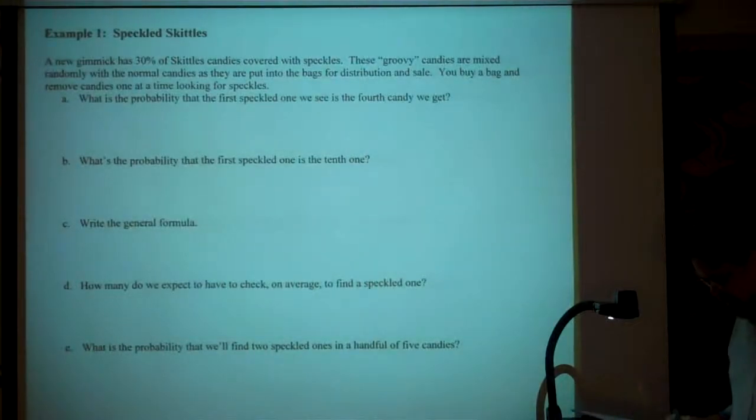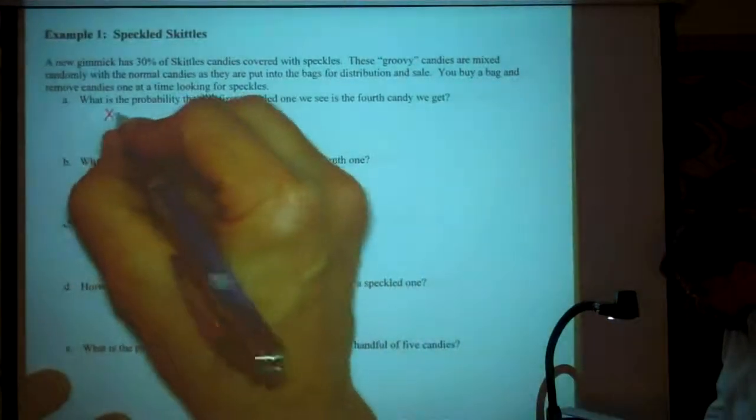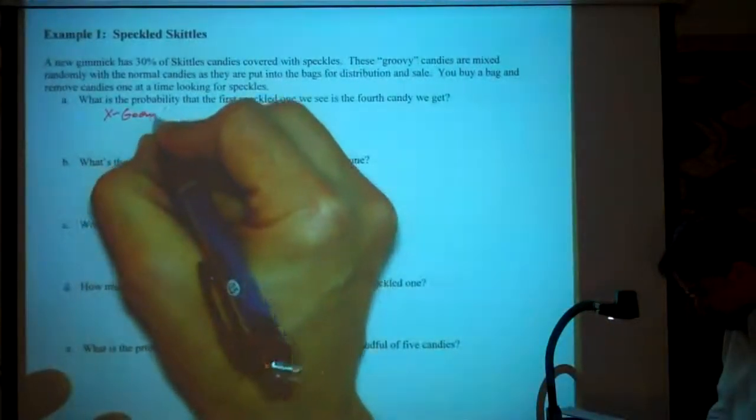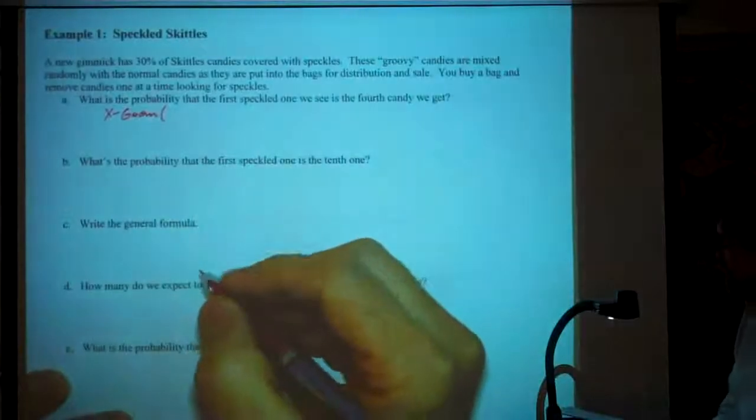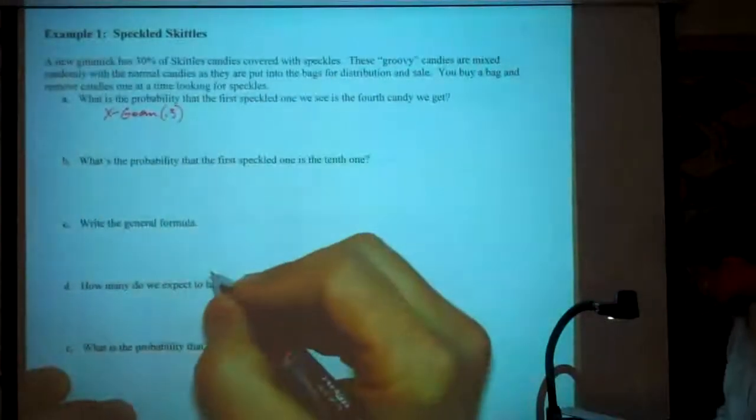So, what is the probability that the first speckled one we see is the fourth candy we get? Whenever we talk about the first one that we see, or how many trials it takes to get one, that means we have a geometric random variable. X is geometric with a probability of 0.3 for success.